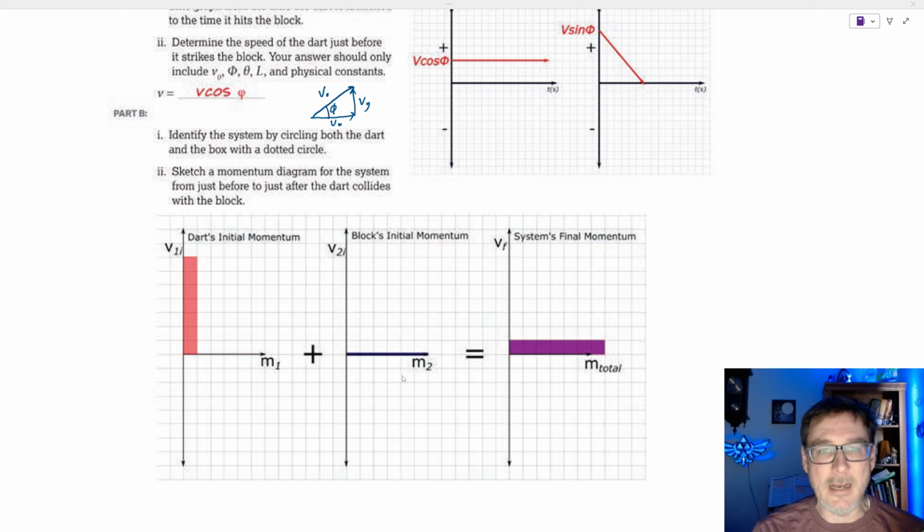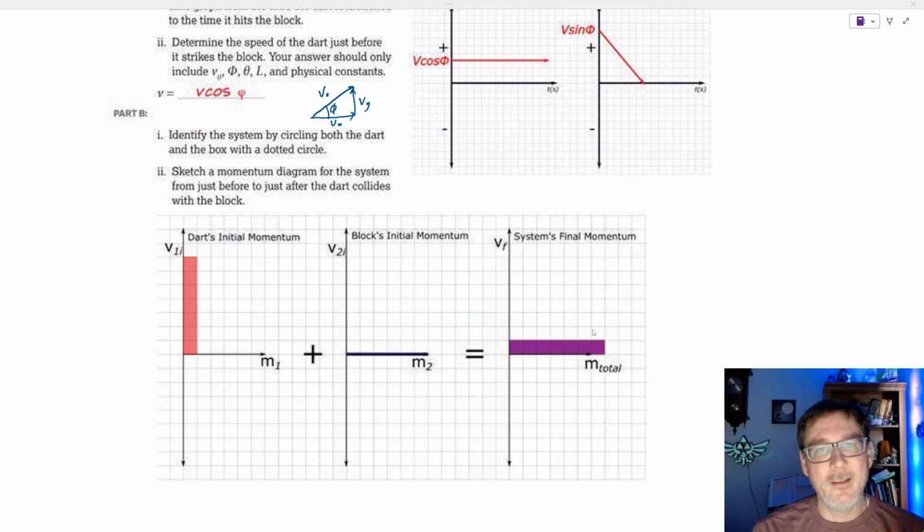I should stop saying blocks, squares. So the mass of the dart is 1 square wide, represented here. The mass of the block is 6 squares wide, and so the final mass should be 7 squares wide. The area has to be the same, so 7 tall means 7 wide here.